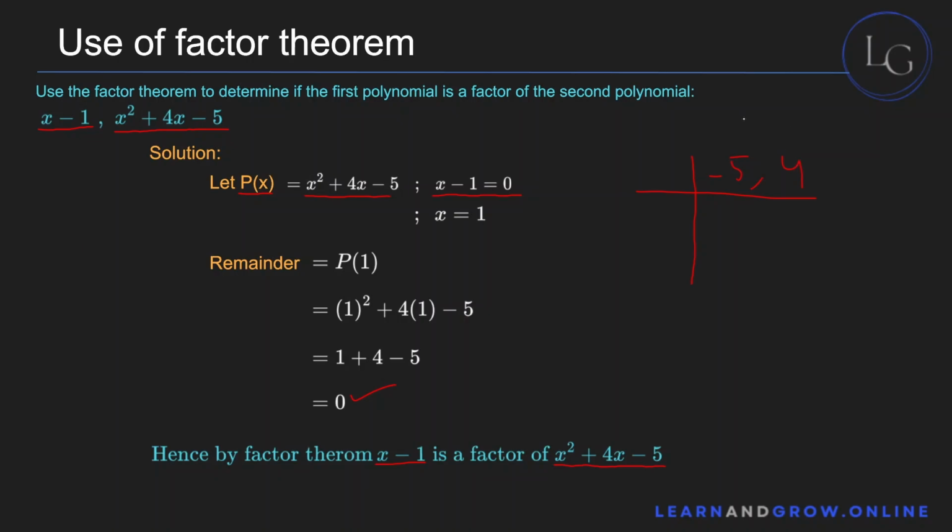So over here you can clearly see that 5 into minus 1, if you multiply them, will give you minus 5. If you add them, they will give you 4, and that's exactly what you need.